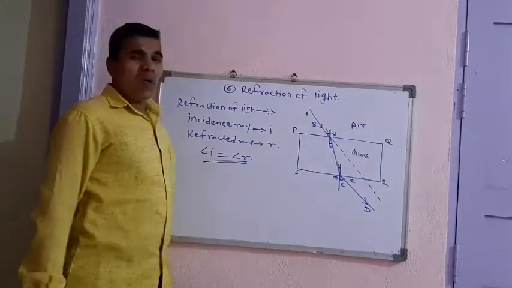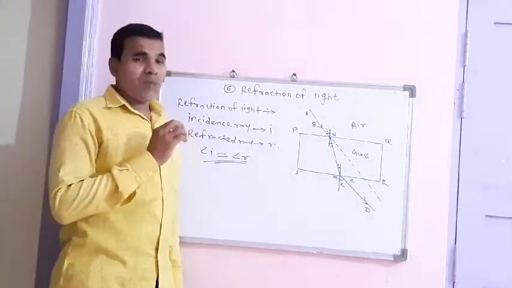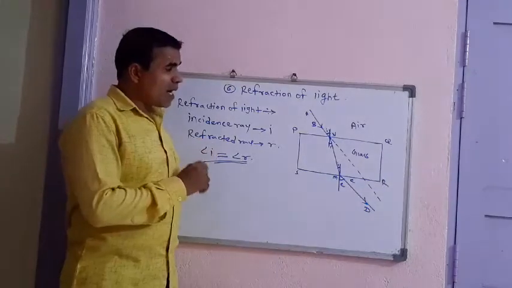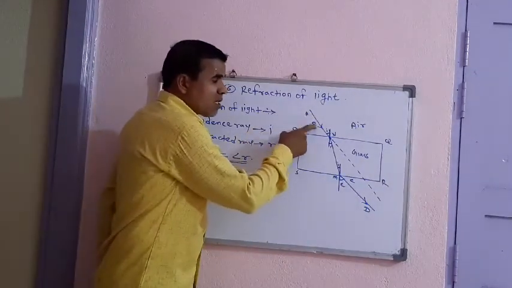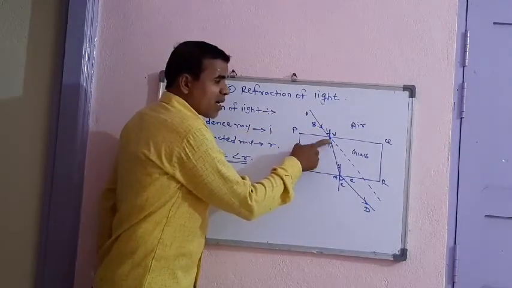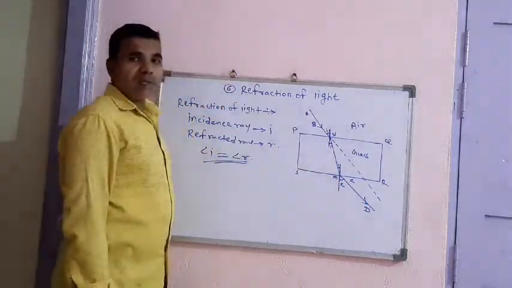From this diagram we explain that when the incident ray enters into the glass, the refracted ray transfers through the glass.